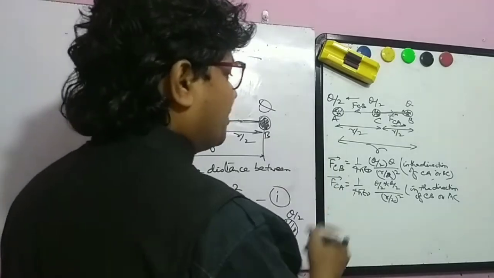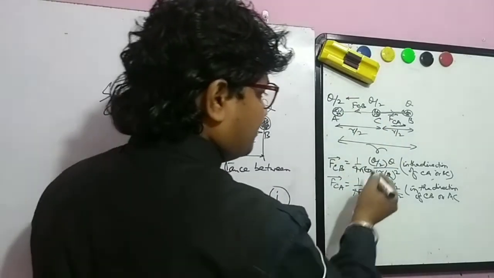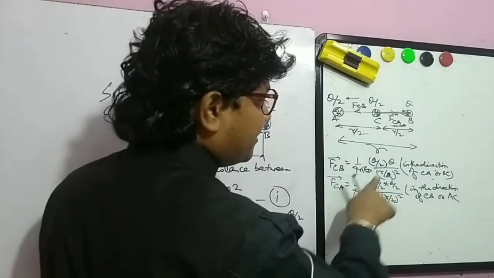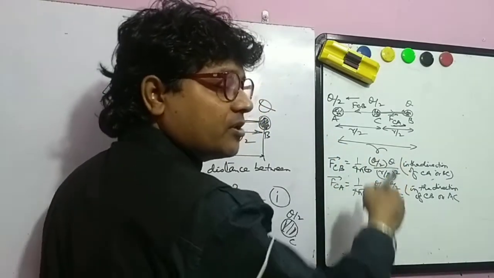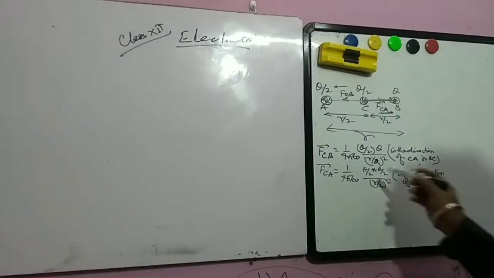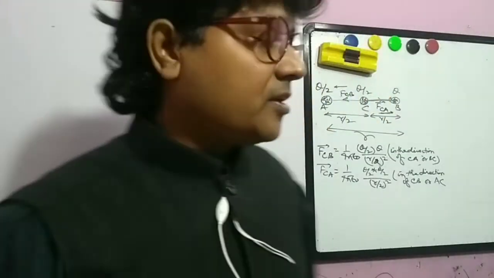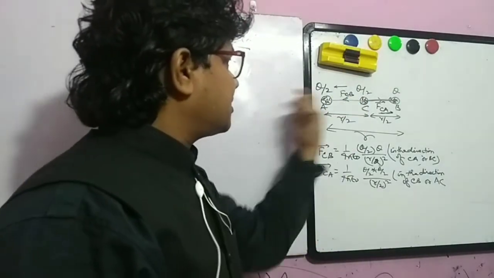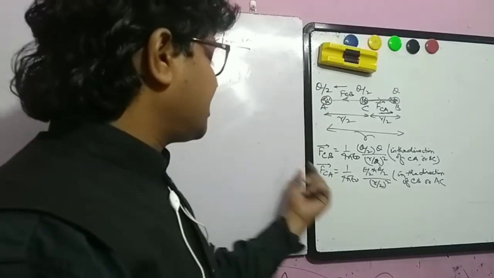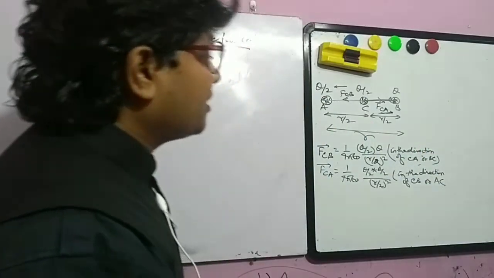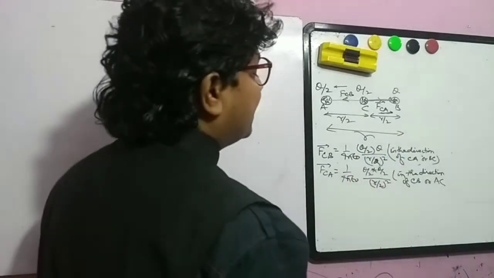So now what is the force? If we take the magnitude, because the distance is the same, this is q square by 2 here. So at this point, we can see FCB is directed towards CA, and FCA is directed towards CB, or in the AC direction.